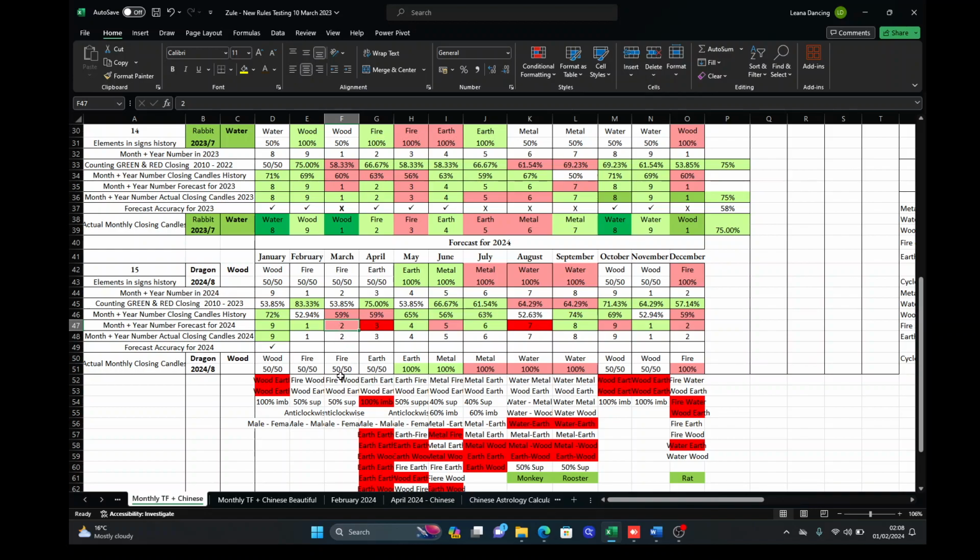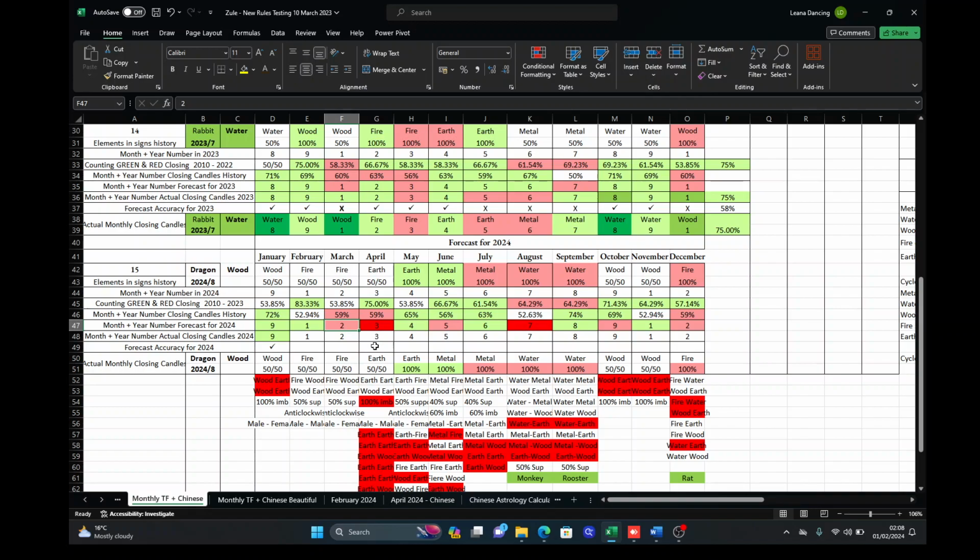But the astrology says that a very bearish event will happen on the 22nd of March. Because of that knowledge, I'm giving it a red color for March. Before the 22nd of March, I expect that it's going to be a green month, and I expect that the reversal will take place around the 22nd of March.